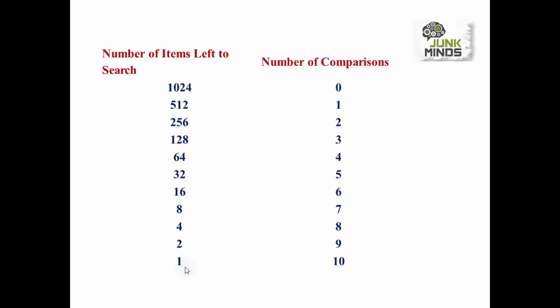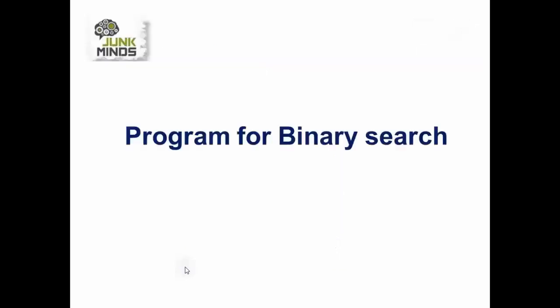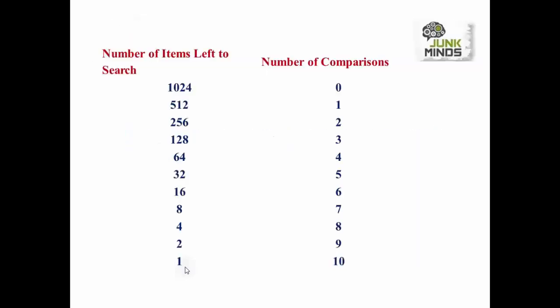So I want to represent this behavior in mathematical terms. Any such behavior where we see the interval is getting halved or the interval is getting doubled, then we represent it in terms of logarithmic details.